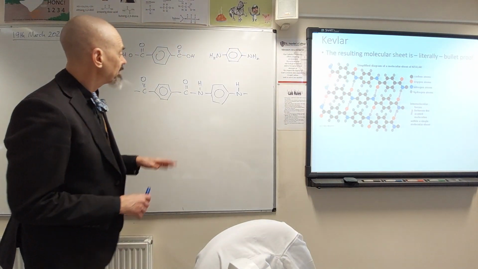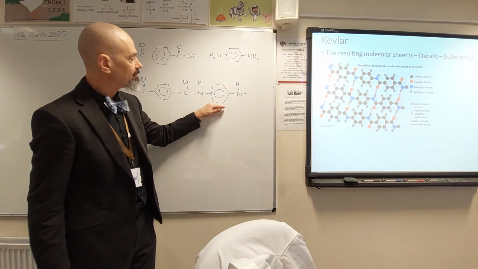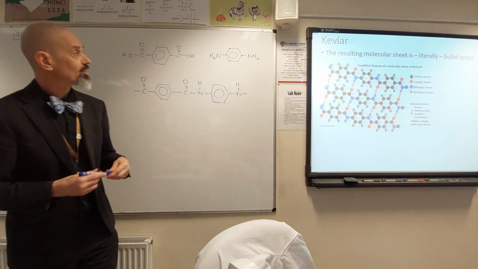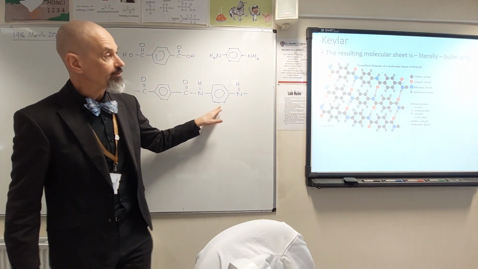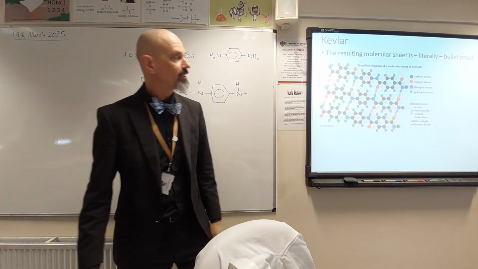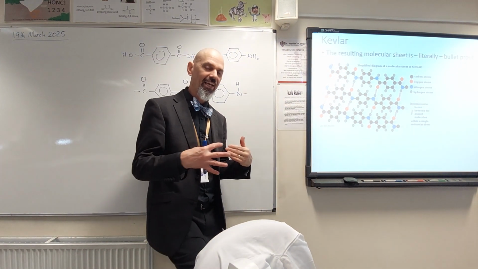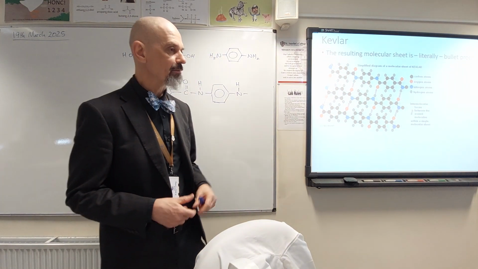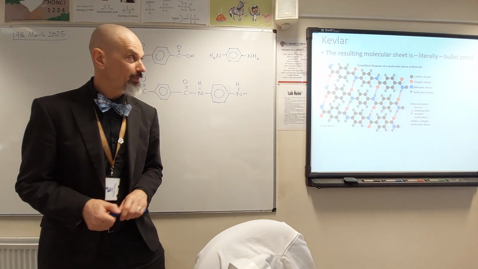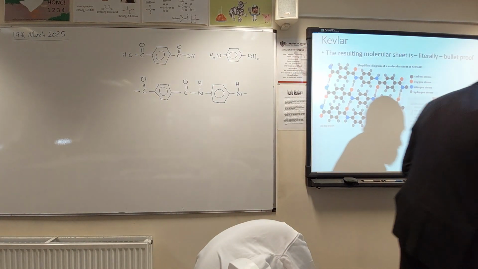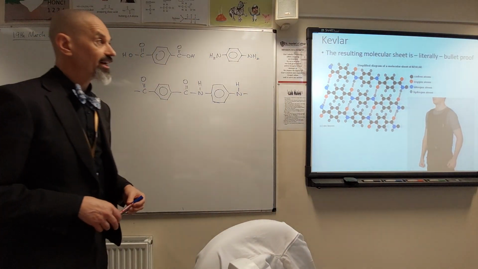But in this case, because of the regularity of the benzene rings, the molecule chains will form strong intermolecular forces with each other. They stack in a very predictable way, and that makes the material especially rigid, which is why it's used for bulletproof vests.